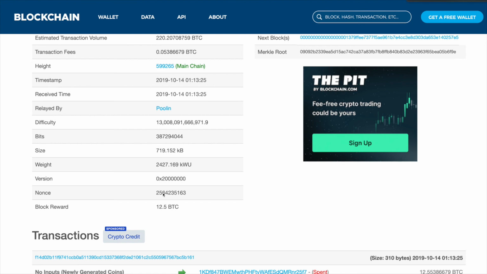This is the important piece of the proof of work, so that you have to do some work before you get authorized to add to the blockchain. And the block reward is 12.5 BTC. So every 4 years there's a Bitcoin halving happening.